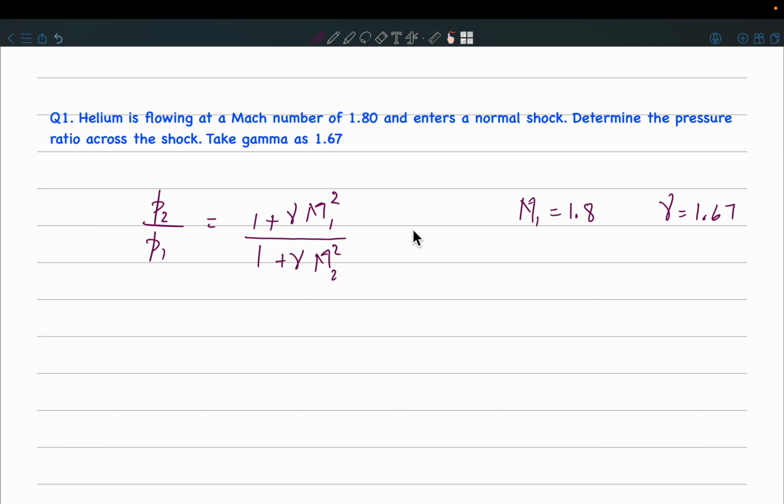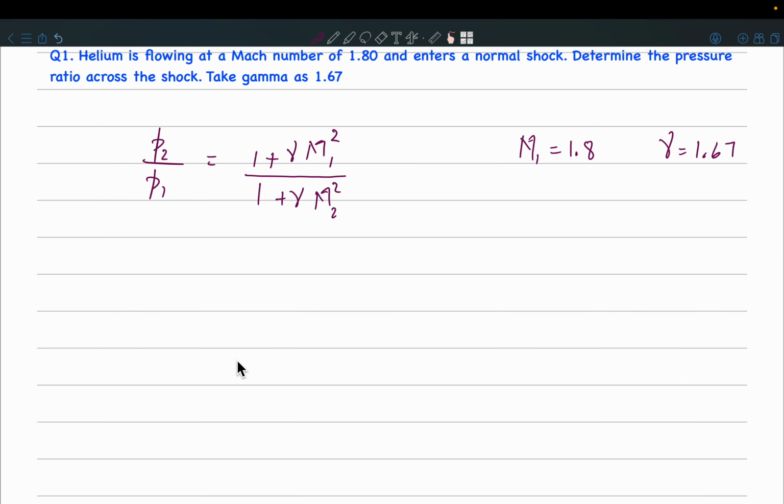You can use gas tables, yeah. Okay, so tell me what is the value of M2? Okay, till you solve it, for convenience, let me write that expression of M2 also.